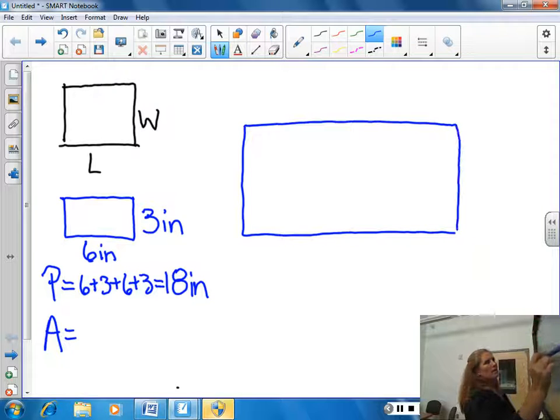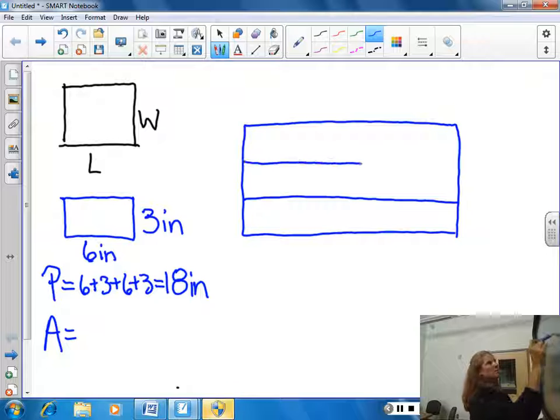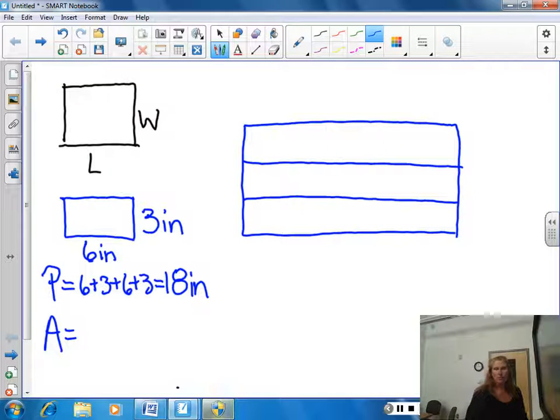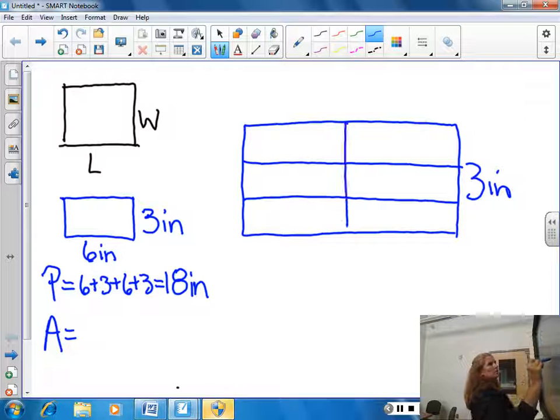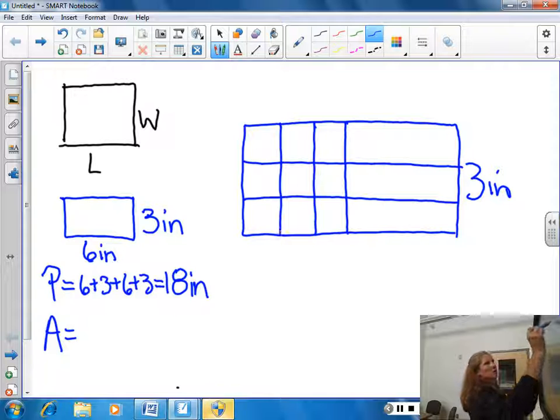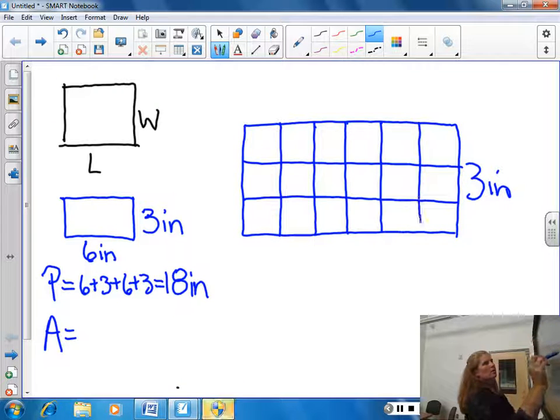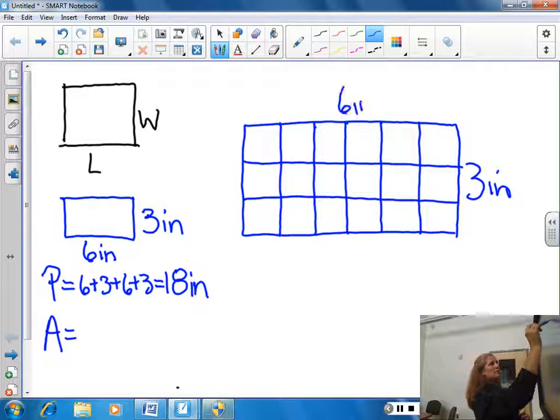If I was to cut this into 3 equal pieces, these aren't exactly going to be equal because I'm freehanding it, but I'm cutting it into 3 because that was 3 inches, so 1 inch, 2 inch, 3 inches, and then cut it into 6 equal parts. Because that was 6 inches up here. So I have 6 inches along the one way and 3 inches along the other way.